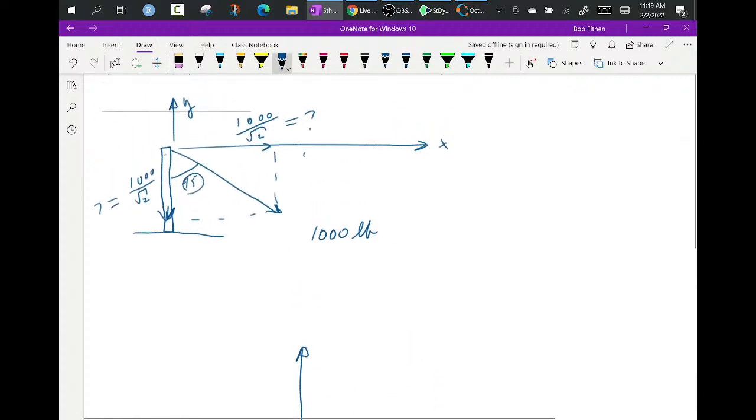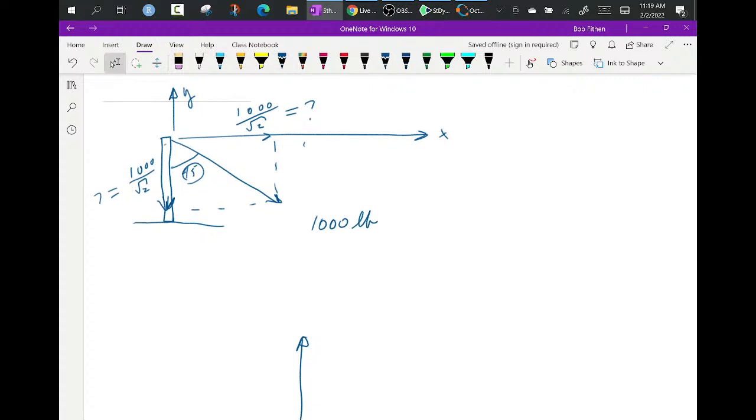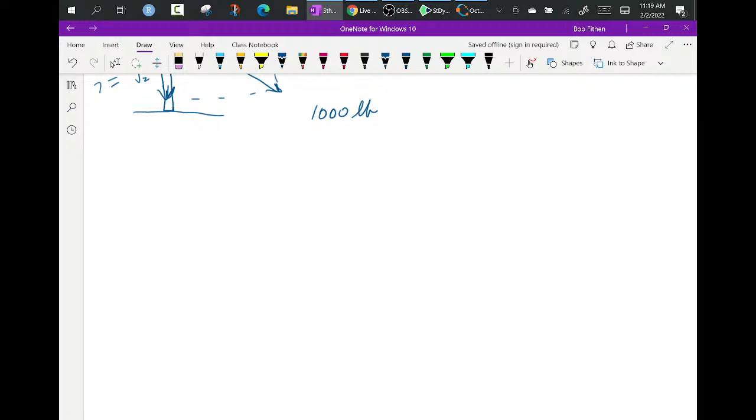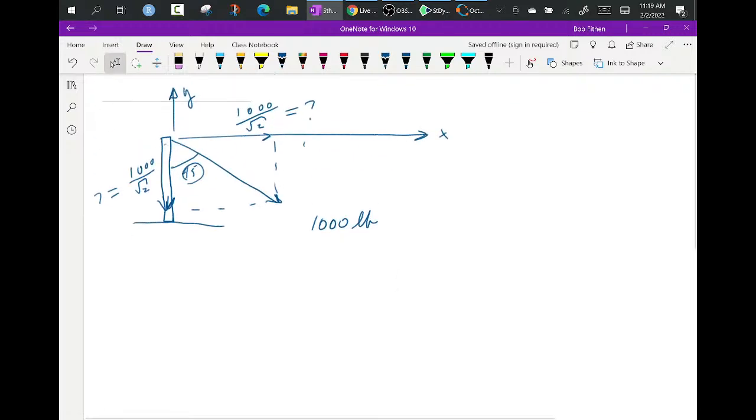What you could do is say I could have a unit vector. Let's say I'm mostly interested in the pull over here, and that's all I'm interested in. So let's look at this from the standpoint of, okay, I'm going to ignore everything and I'm going to put the 45 degrees back on there in a second.